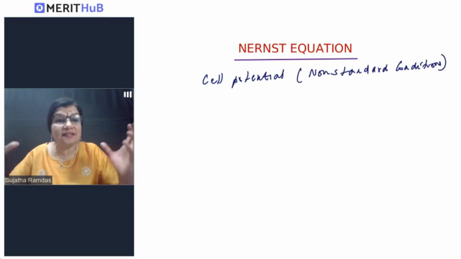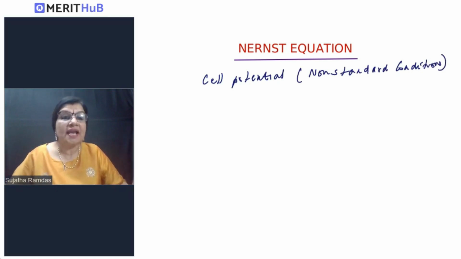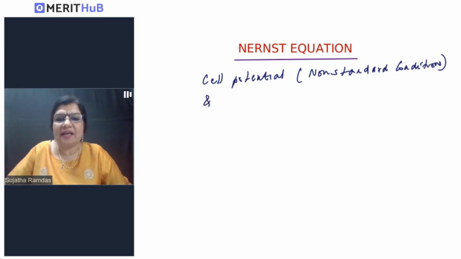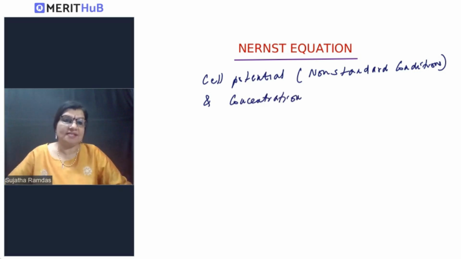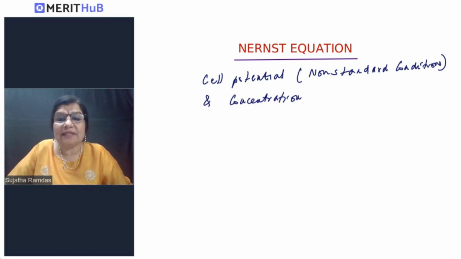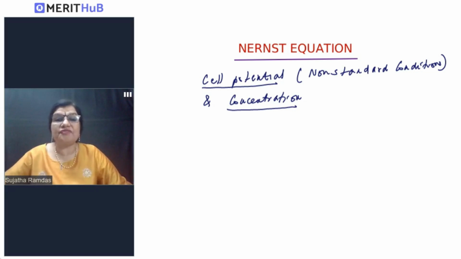It is the concentration of both the solutions in the half cells which are different. Cell potential and concentration of the solutions taken in the half cells. So the mathematical relationship between these two quantities is what is referred to as the Nernst equation.